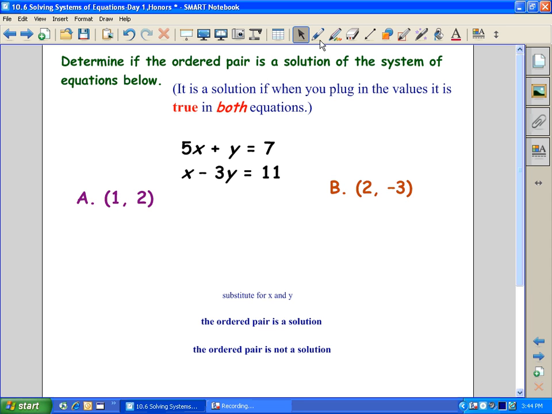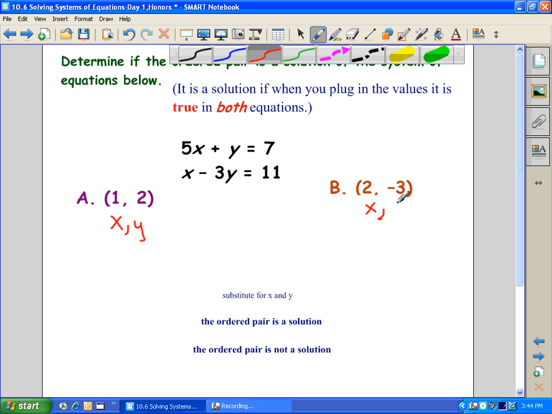I hope you can remember this fact, that your first term is your x and your second term is your y. So get in the habit of doing this the first couple of lessons, and after a while this becomes second nature to you. So obviously if this is true in both the equations, then it's a solution. If it's not true in both of them, it's not a solution.